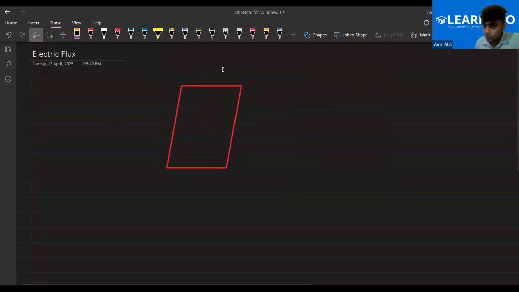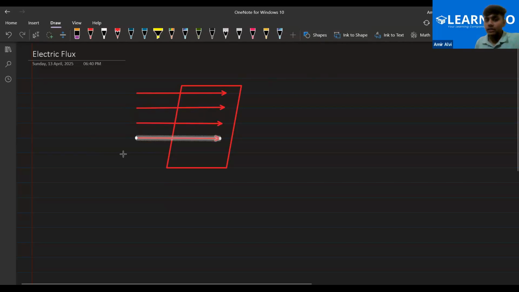Yes, sir. So electric flux is the number of electric field lines passing through this area perpendicularly, normally. That quantity is called electric flux. Whatever number of electric field lines are passing through this area perpendicularly, it should be normal.